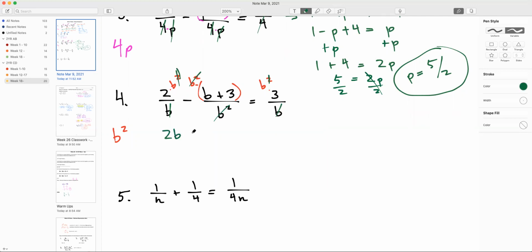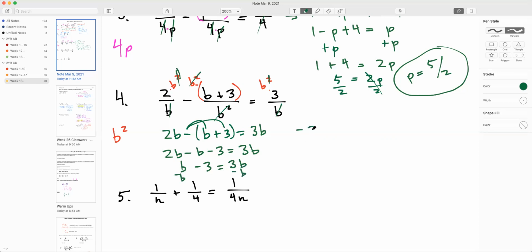So 2b minus b plus 3 equals 3b. Distribute the negative sign. Running out of room, 2b minus b is just b, minus 3 equals 3b. We're going to take this b and put it over, so subtract b.